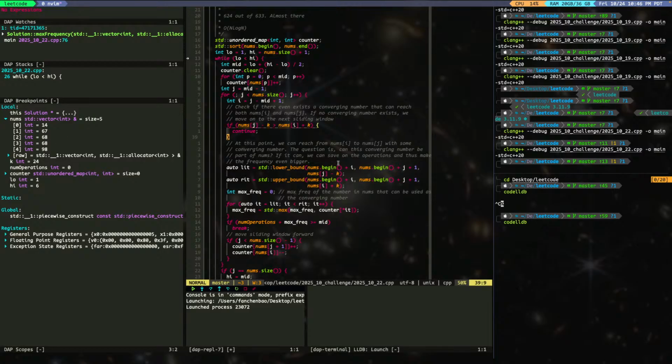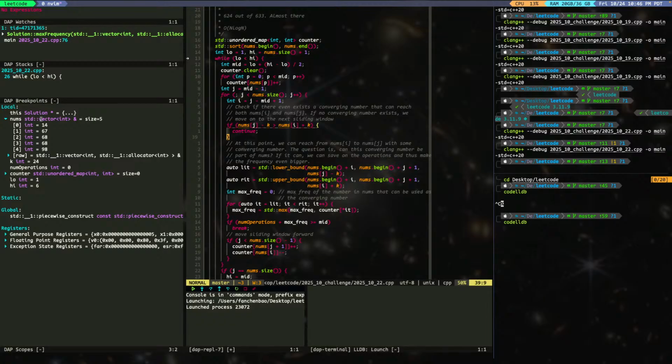So from this to this, and lower bound, 68 minus 24 is going to be somewhere here.